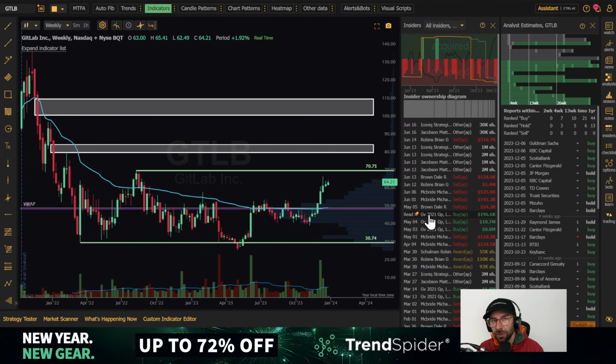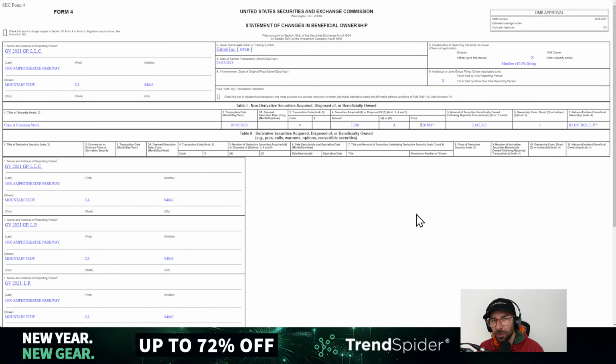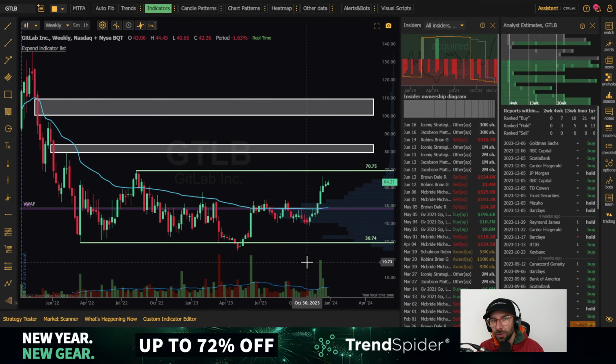Whoever GV 2021 is, you can read the filing here. GV 2021 GP, whoever they are. They were bullish at the right time. My God, buying this thing at $30. Pretty smart. They were buying in March too. Wonder if they caught these lows. So this is kind of interesting, actually. This is a name to be keeping an eye on, because when are they buying?